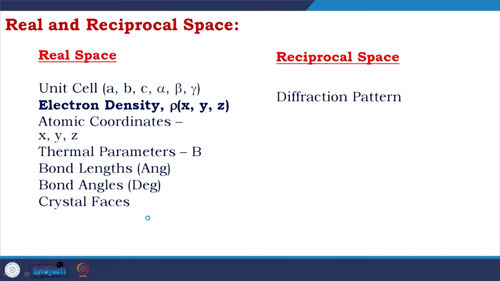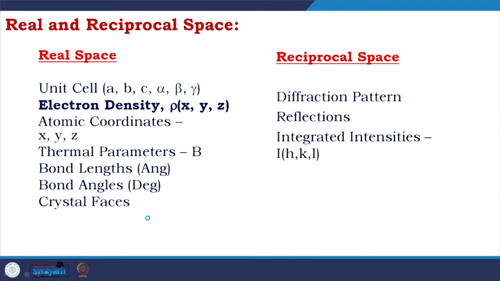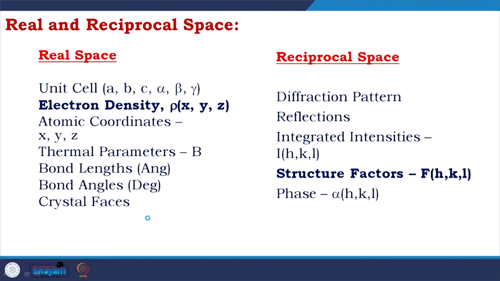Whereas from reciprocal space we get to know the diffraction pattern, reflections, integrated intensities I h k L, structure factors F h k L, and phase alpha h k L.